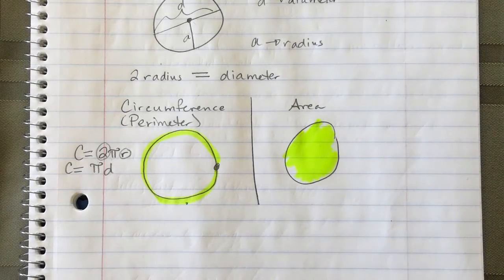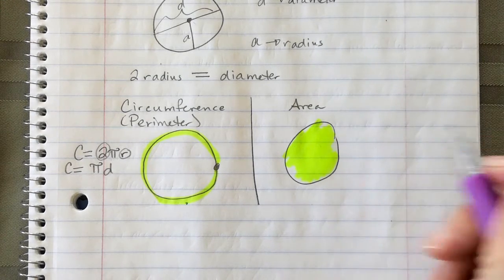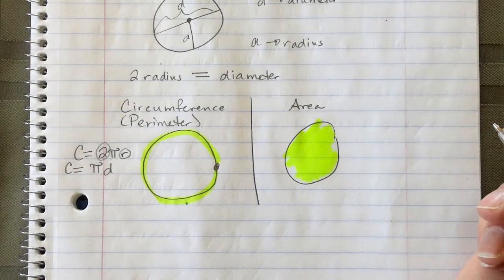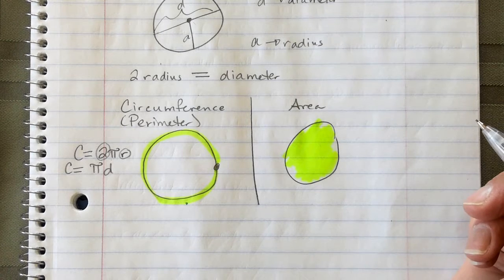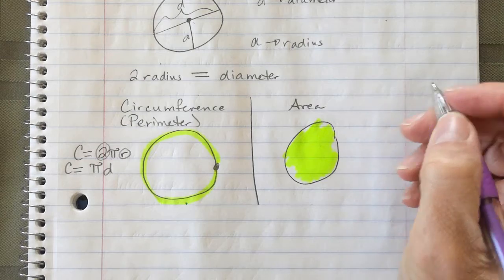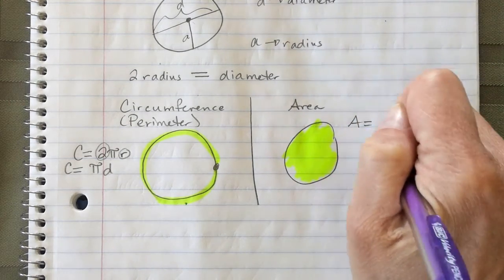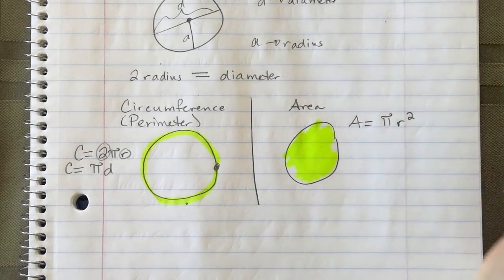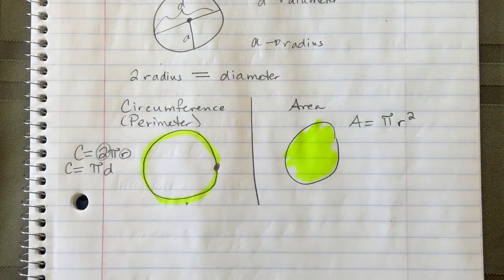So those two formulas are interchangeable. And then when we address circumference, it's just basic units, so inches, centimeters, feet, whatever. Area, remember, will be units squared. So the area of a circle is pi r squared. So that's kind of the notes.